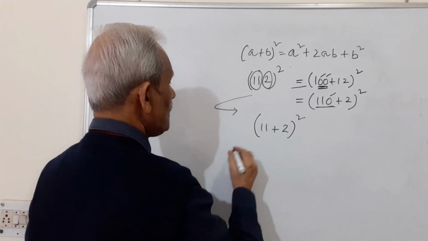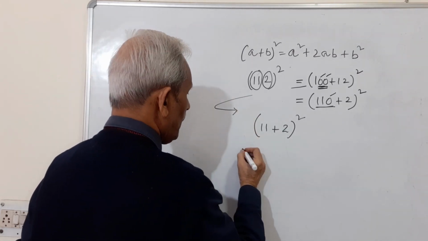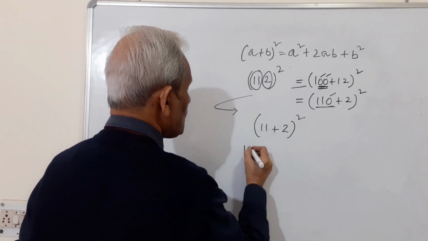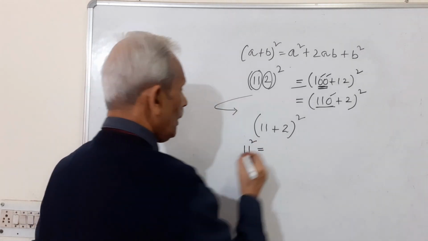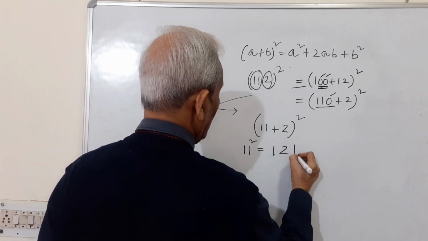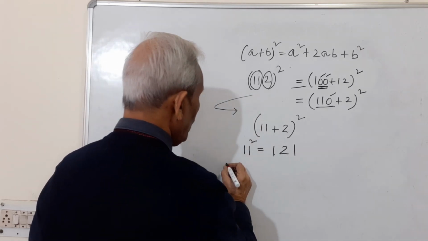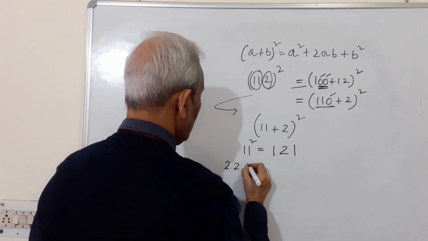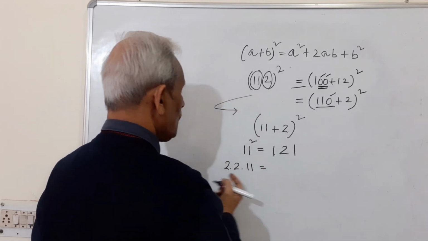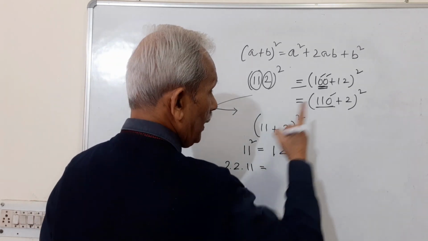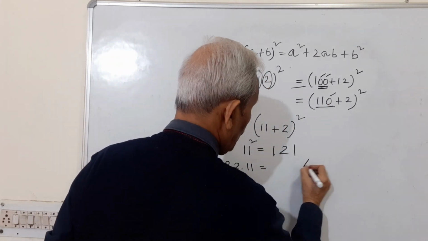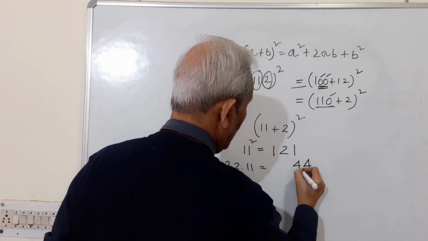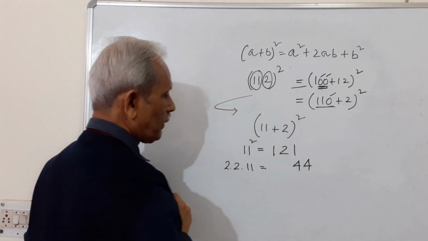So the first part of the answer is A square, 11 square, which is 121. And then 2 into 11 is how much? 22, 44? Here you have to leave one space, so 44 here, 4 and 4, one space shifted.